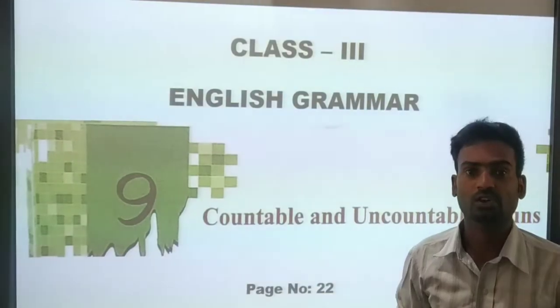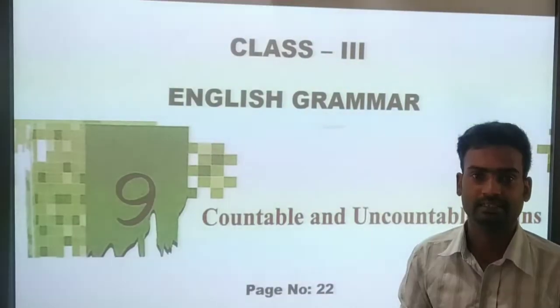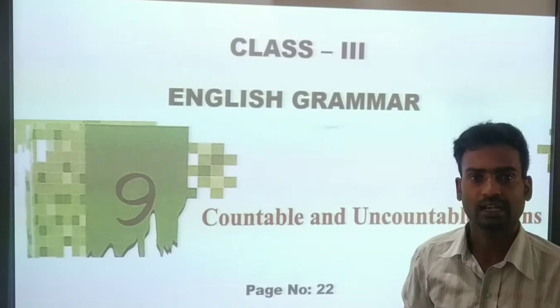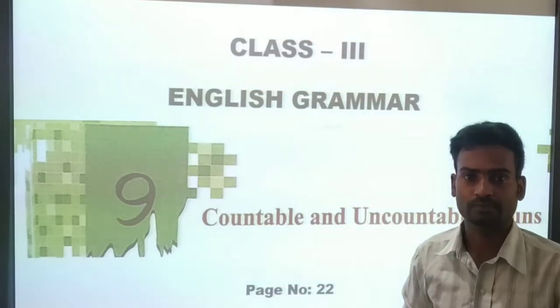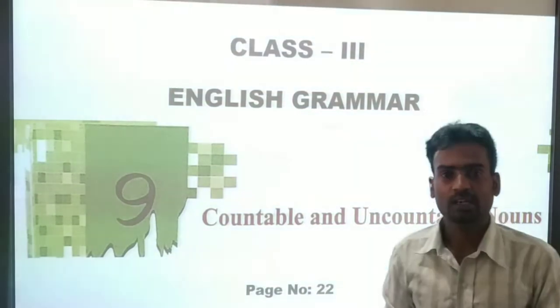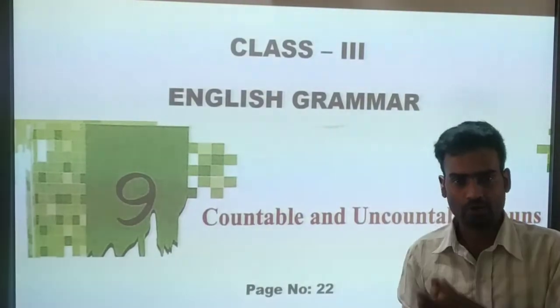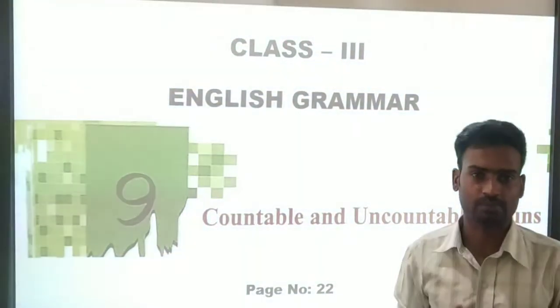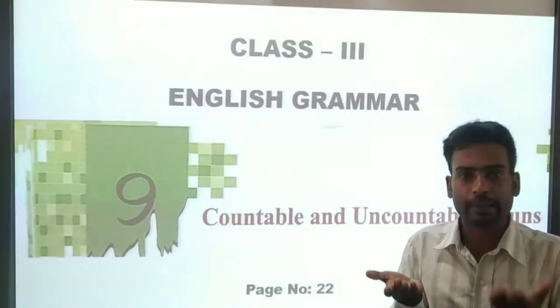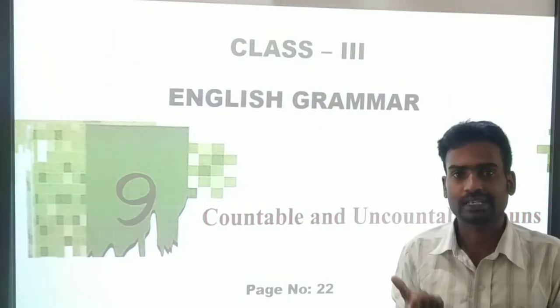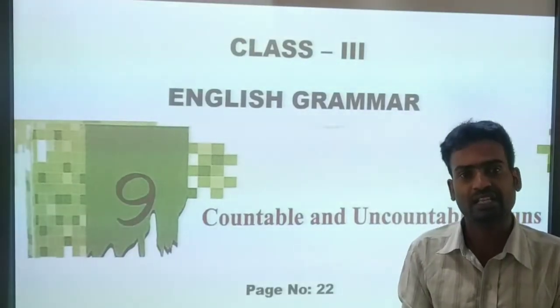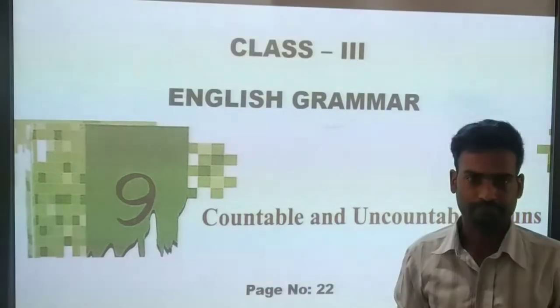No. It is not possible to count all the sand, mud. So it comes under uncountable noun. So, dear children, first understand what is countable and what is not countable. Whatever we are able to count, the nouns, materials, persons, everything comes under countable noun.